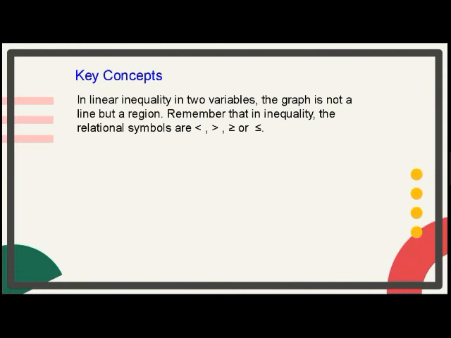In linear inequality in two variables, the graph is not a line but a region. Remember that in inequality, the relational symbols are less than, greater than, greater than or equal to, or less than or equal to. Let us also remember the following steps in graphing linear inequalities in two variables.